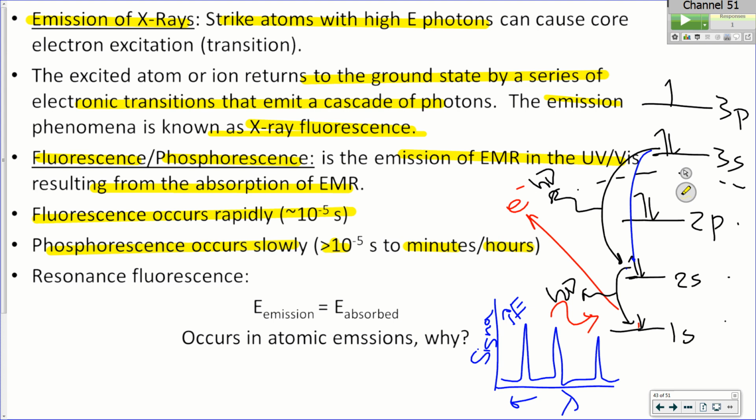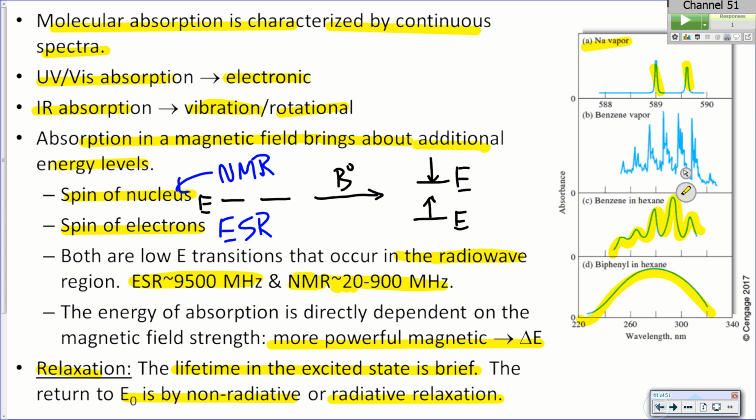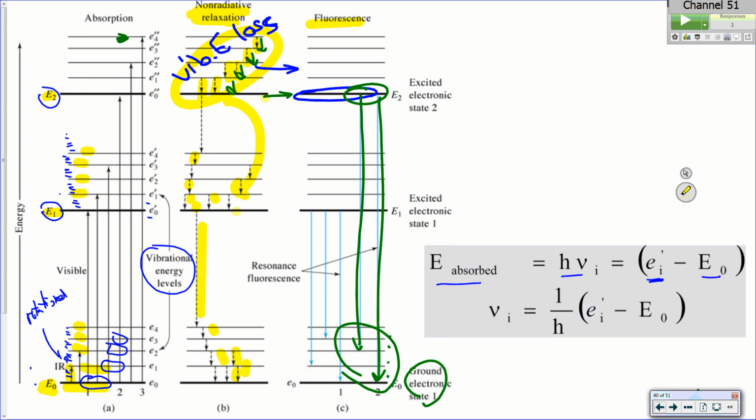Okay, so resonance fluorescence is when the energy emitted off is exactly equal to the energy absorbed. And I tell you that this occurs primarily in atomic species. So my question is, why do you think it would occur in atomic species? I'll go back a couple slides as food for thought. So when we're looking at this, this is an example of a molecular.